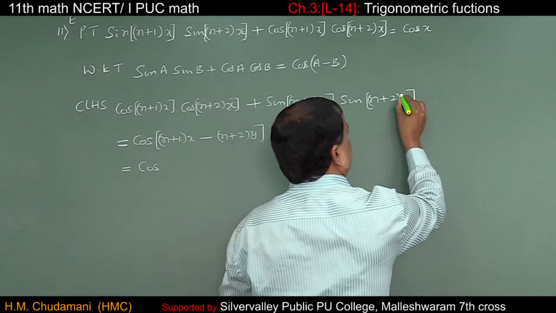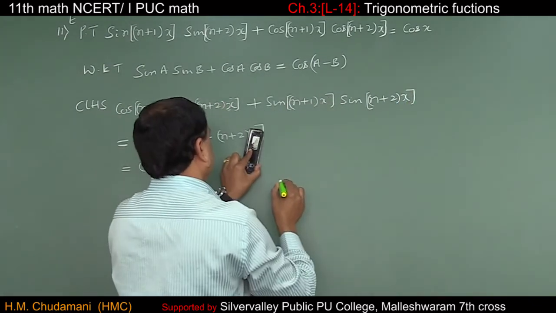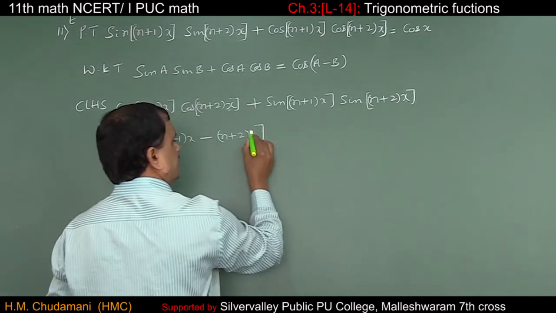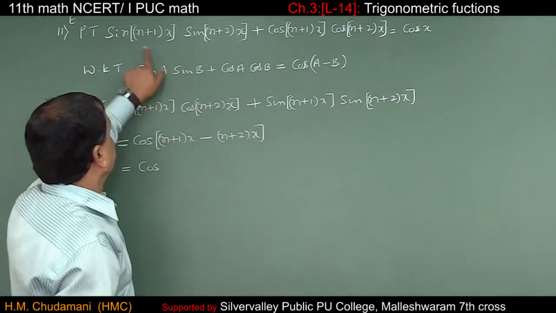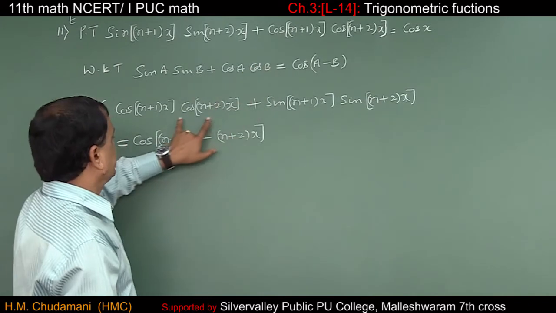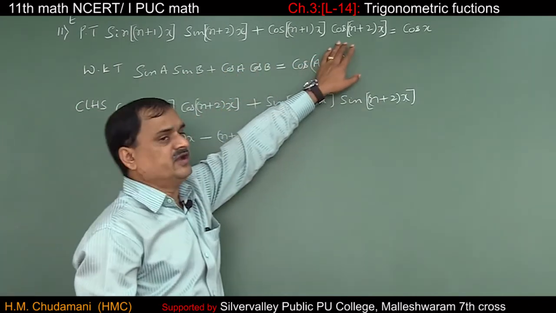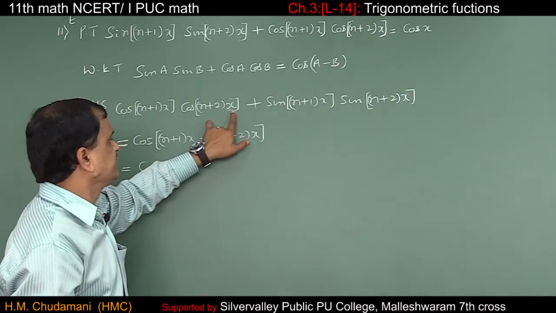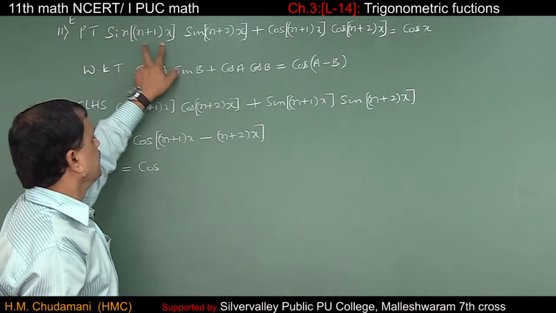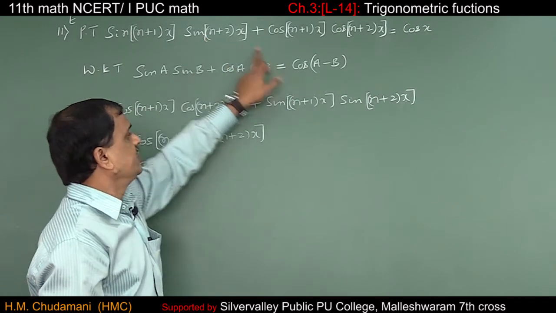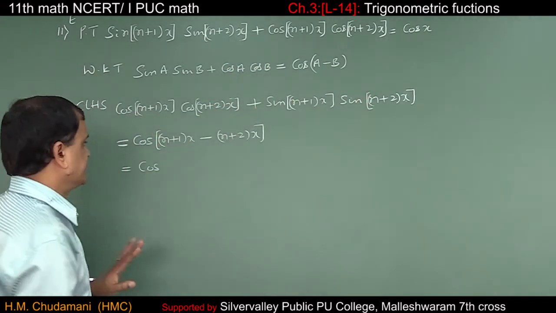Observe this, see, this is the left hand side: cos of (n plus 1) into x into cos of (n plus 2) into x plus sin of (n plus 1) into x into sin of (n plus 2) into x.